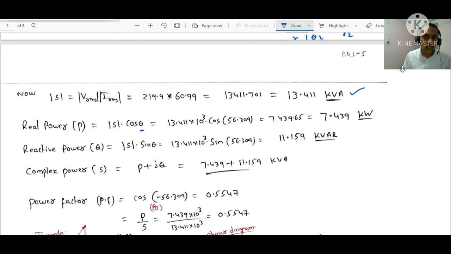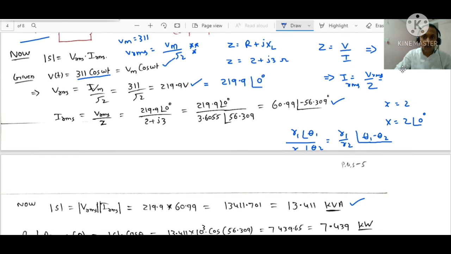Next doubt arises. In place of theta, what should you take? The angle between the voltage and current. What is the angle we got here? 56.309. That is important. It is something like this. V value is how much? 219.9 at an angle 0 degrees.